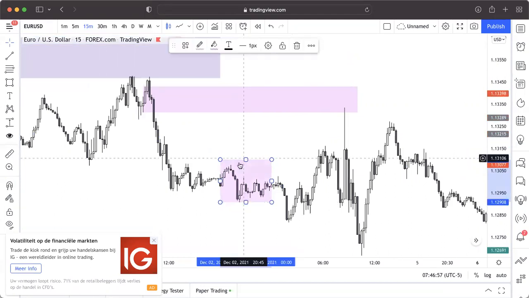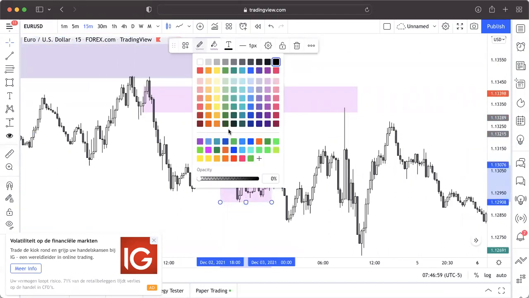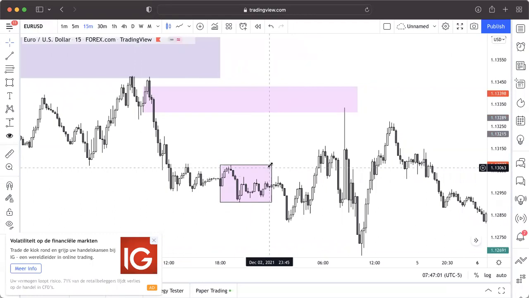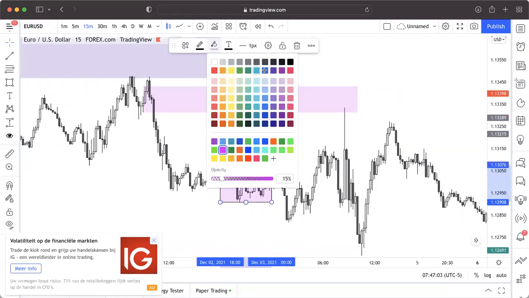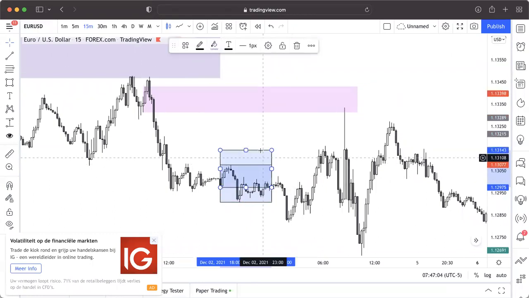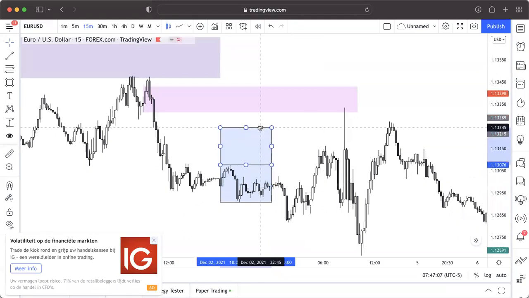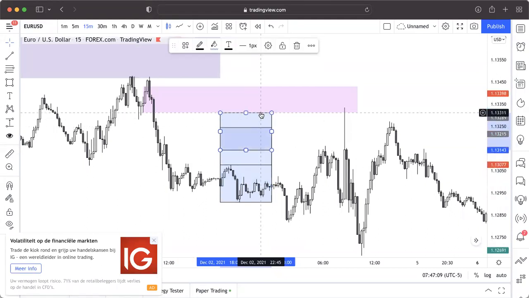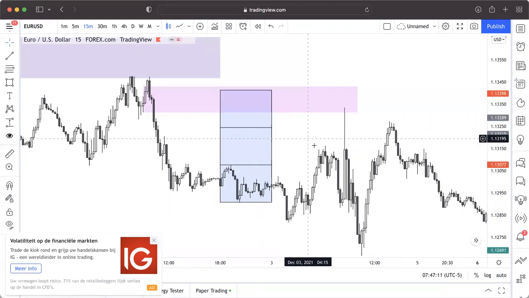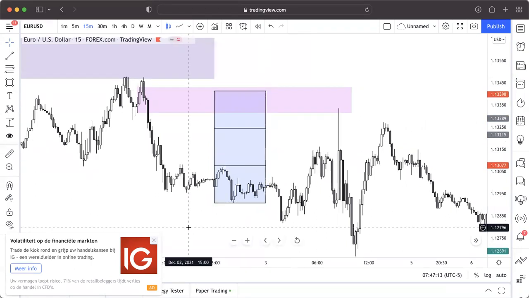Let's see the difference if I'm using the wicks. So that's the wicks. And now let's take a look at it with the bodies.